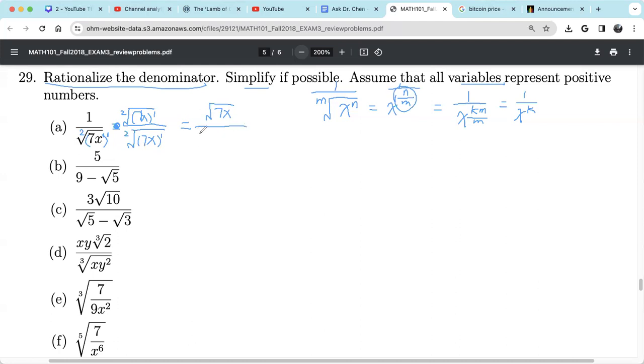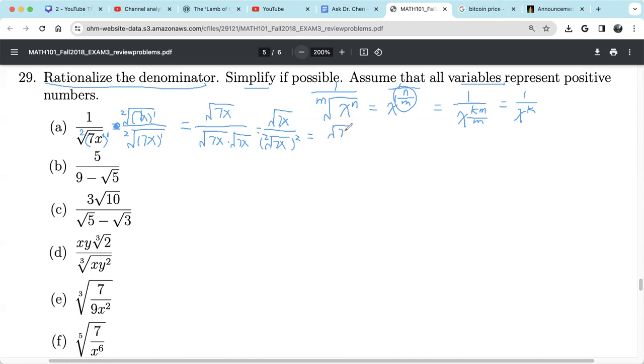But let's see the denominator. In the denominator, we have the square root of 7x times the square root of 7x. Well, what's that? That's the square root of 7x being squared, and 2 over 2 becomes 1.